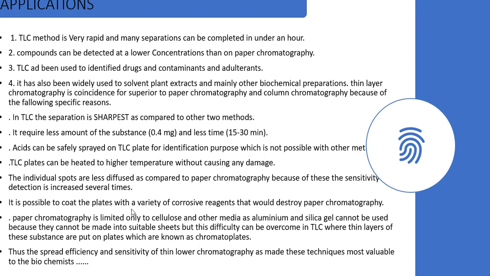And it is possible to coat the plates with a variety of corrosive reagents that would destroy paper chromatography. So because of all these specific reasons, TLC is more advanced and widely used, and superior to paper chromatography and column chromatography. Paper chromatography is limited only to cellulose, and other media such as alumina and silica gel can't be used because they cannot be made into suitable sheets.